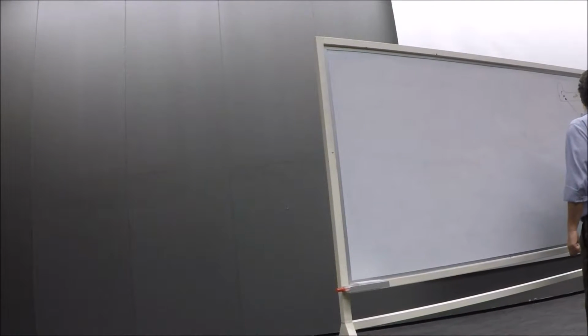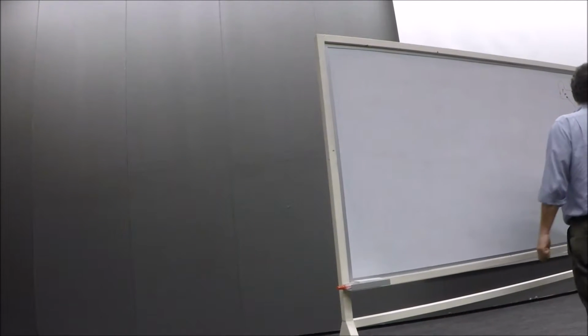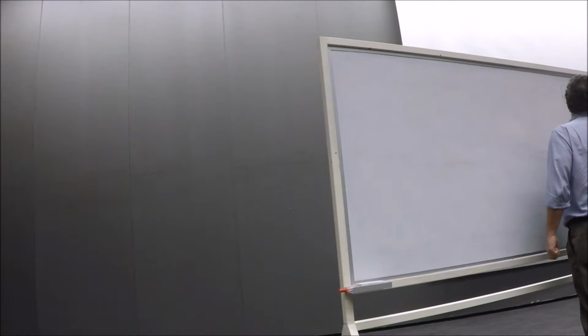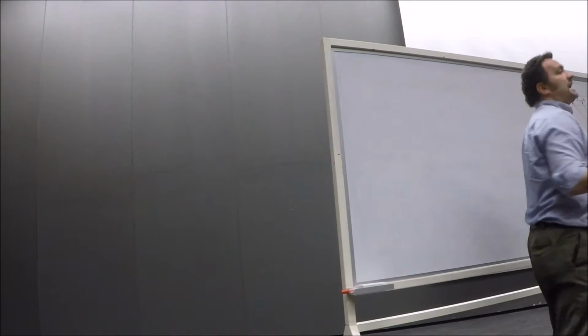So the vector R is the vector of the absolute velocity with respect to the probe. RA is the vector to the center of mass of the aircraft, and then let's call this RP, which is the position vector of the probe.